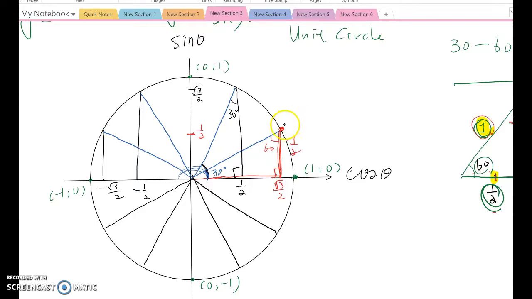So this point, you can say, is root 3 over 2 and 1 over 2. So based on this angle, sine 30 becomes 1 over 2, and cosine 30 becomes root 3 over 2. That's what this means. Now for this ordered pair, 1 over 2 and root 3 over 2, cosine 60 will be 1 over 2 and sine 60 will be root 3 over 2. That's what this means.